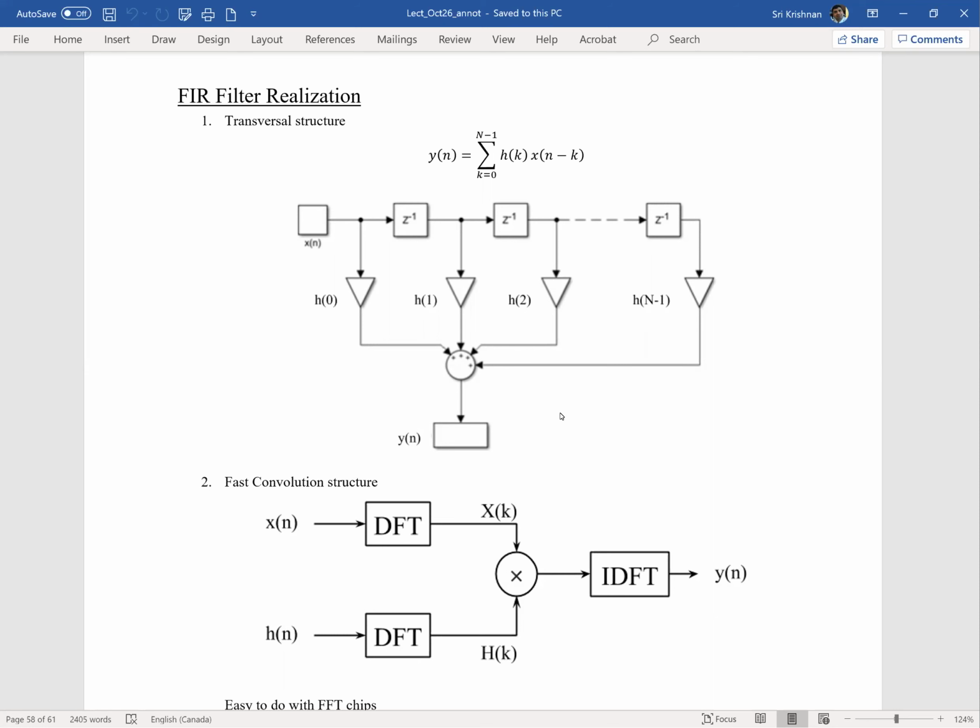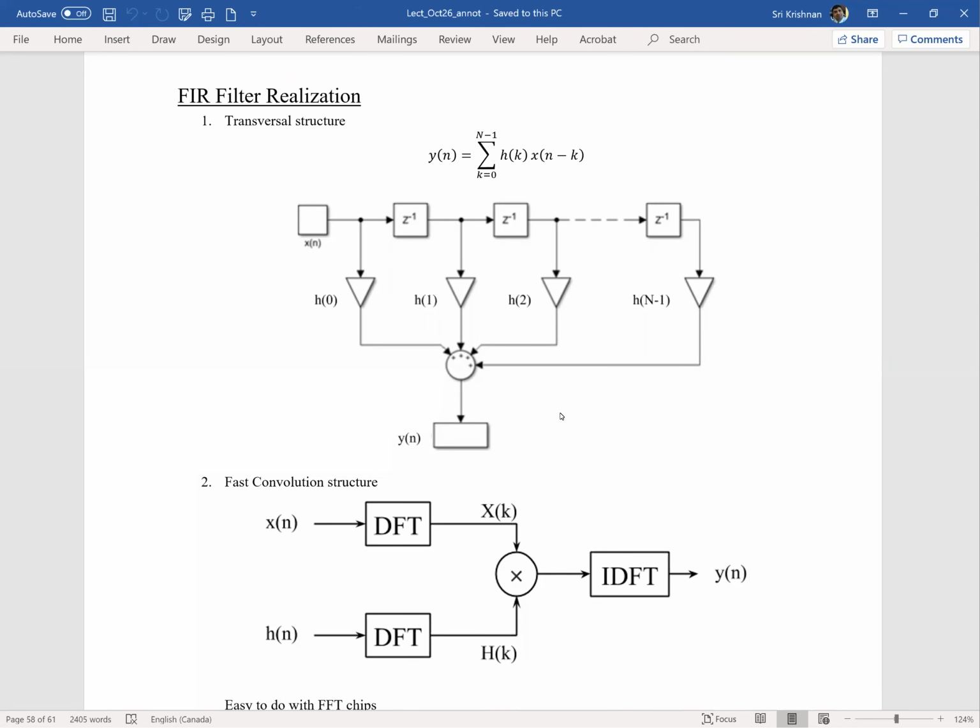One is a transversal structure, and the other one is a fast convolution structure. The transversal structure is pretty straightforward, and we have seen similar representations before.